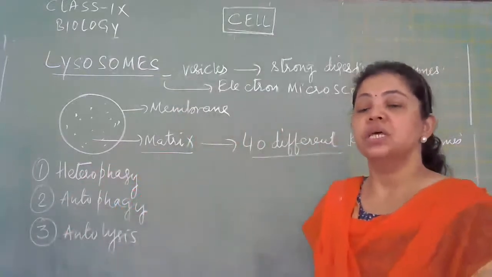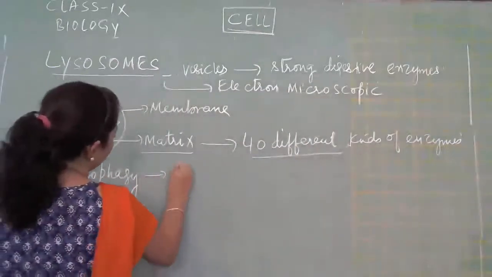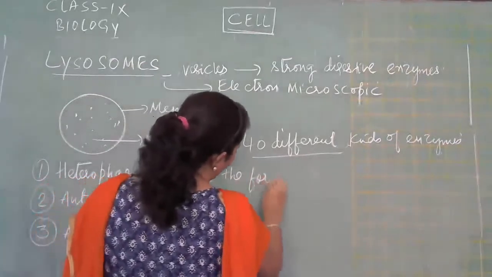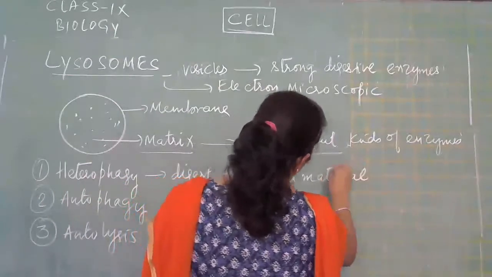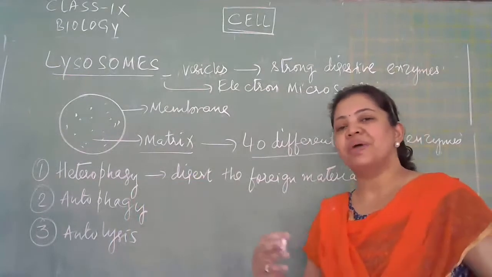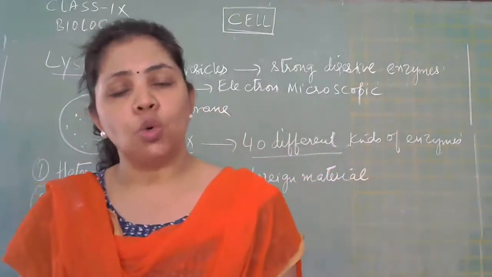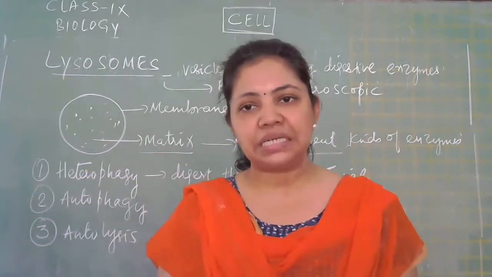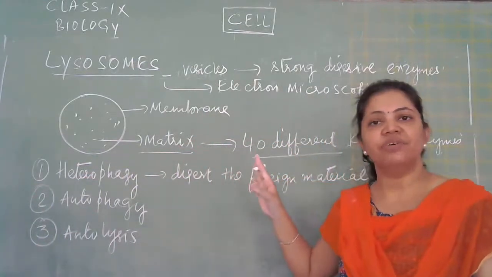So what happens? One important function of lysosomes is to digest foreign material. To digest foreign material means if there is any bacteria entering the cell, the lysosomes will digest that particular bacteria using their strong digestive enzymes.